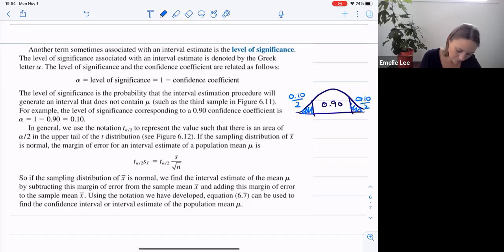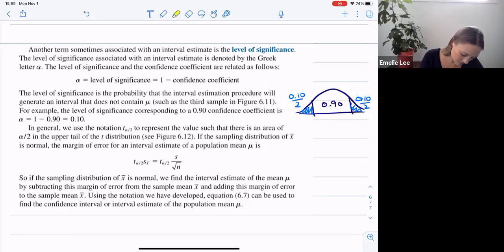When we're trying to find the area in the tail, we have to find T alpha over 2, like what we did last time with the Z scores. We said, if I move out 1.96 standard deviations from either side of the mean, then I've captured the central 95%. Or if I move out T alpha over 2 standard errors from the sample mean, then I've captured the central 90%.